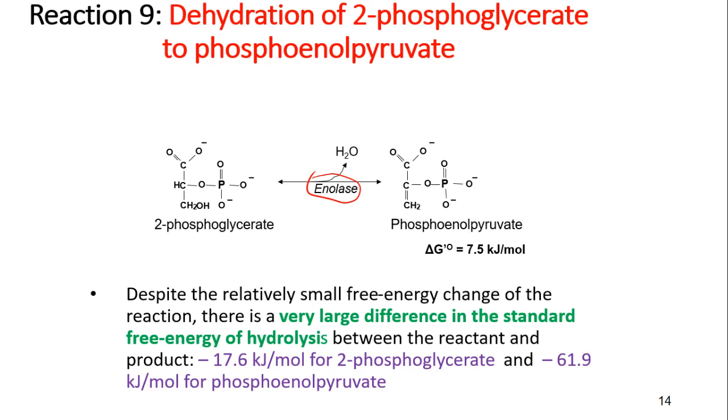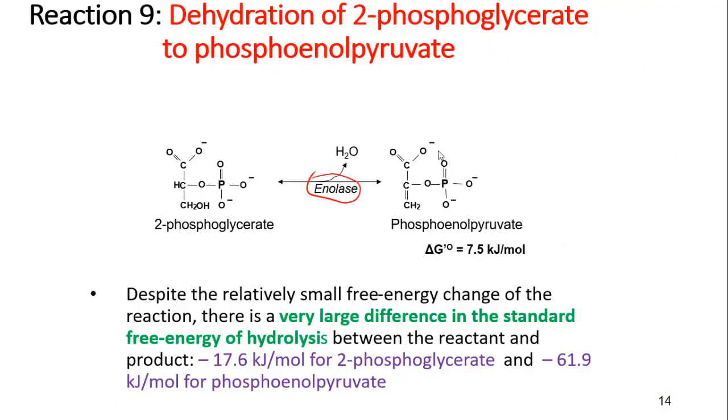So this reaction also involves the loss of water. As you can see, there is a loss of water from what? 2-phosphoglycerate, and this leads to the redistribution of energy within the molecule, resulting in increased energy of hydrolysis of the phosphate group.